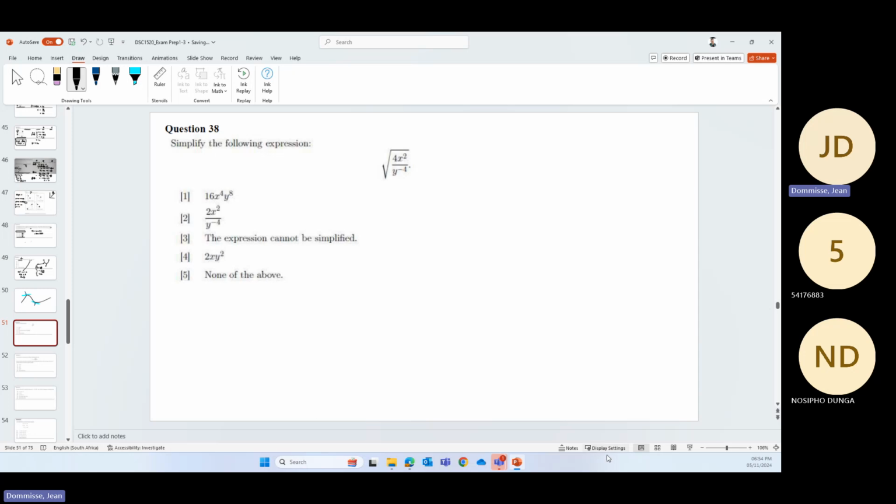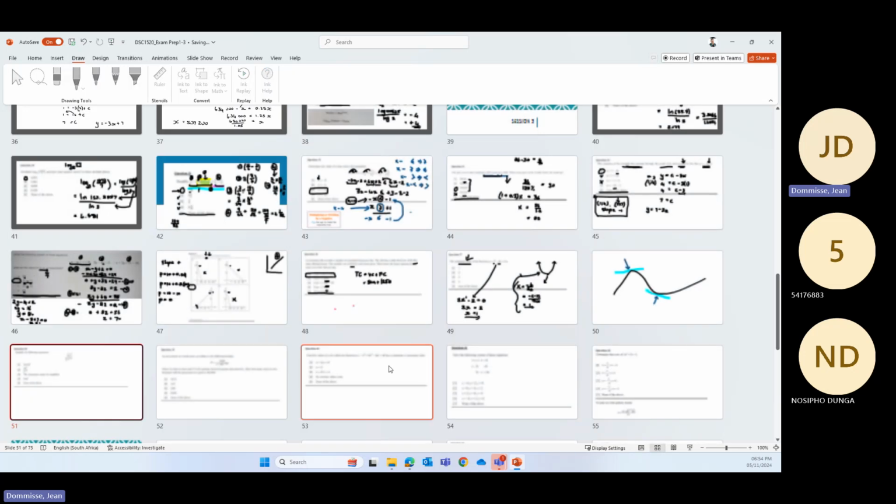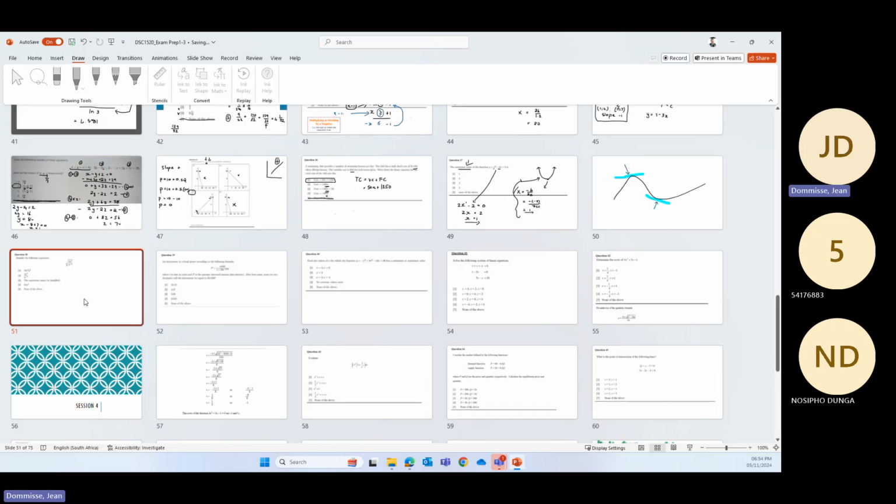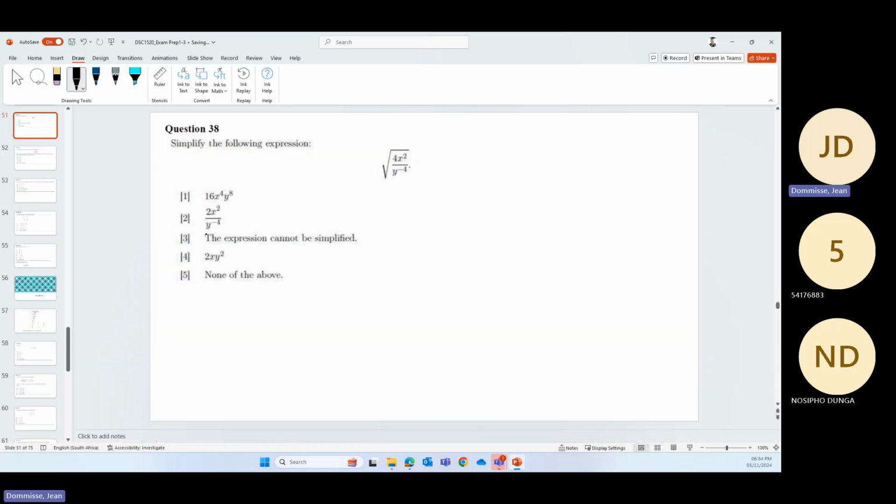Okay, so you can see I've got a few. Yes, so let's do this. Because again, I want to show you something interesting when we work out the square root.